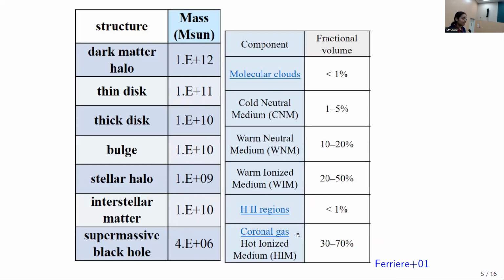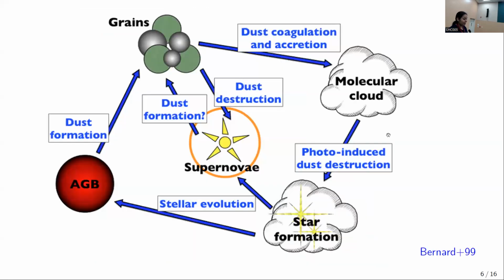And if you consider the interstellar medium, then 99% of that mass is gas and only 1% is dust. So in terms of mass, you can of course neglect it, but when you see the properties, you will understand the importance even more in the coming slides.